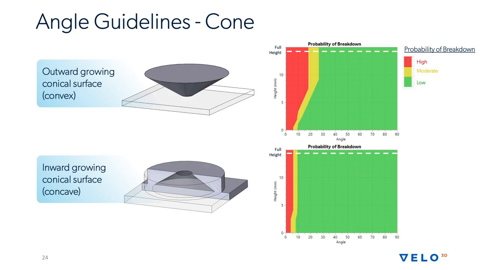You can see by these graphs that the outward growing cone or convex structure is one of the most difficult geometries to print. The reason for this is, if you think back to the first graphic I showed, you think about printing a new layer on top of this cone, and this bulk fill inside here that's being applied is shrinking and trying to peel these things up, kind of like a potato chip, warping the edges up because it's shrinking that top layer.